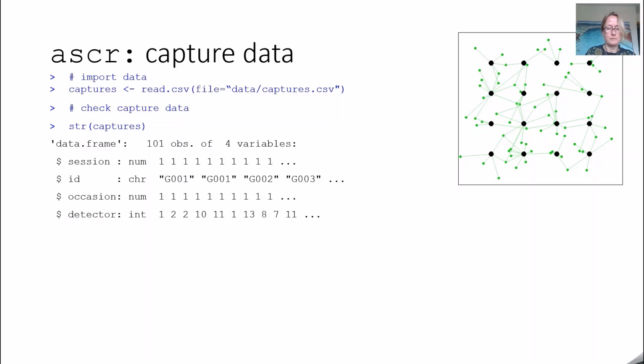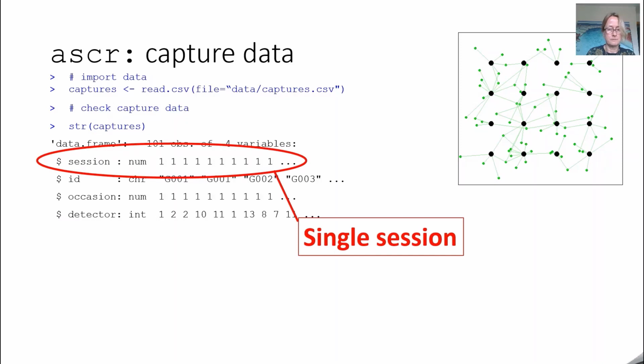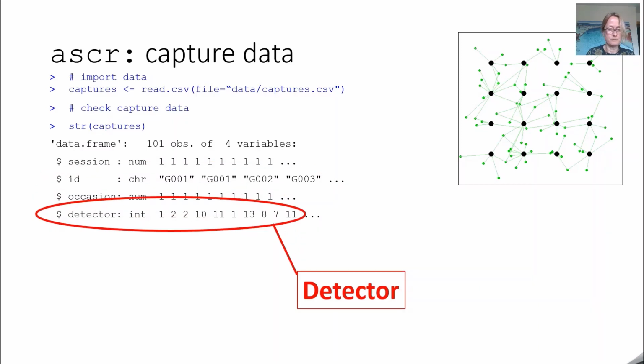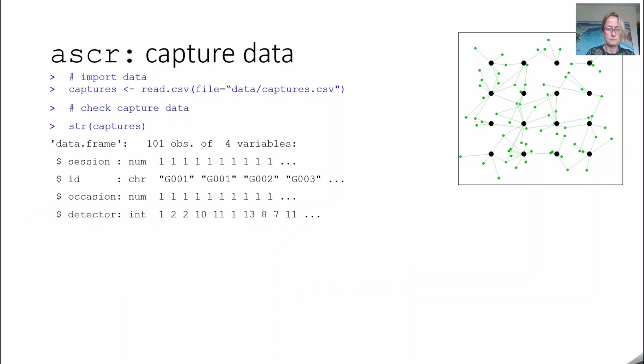We see from the output of the structure function that there are 4 variables in the captures object: session, ID, occasion, and detector. Same as in the CSV file. So the structure function does not change anything in the dataset.